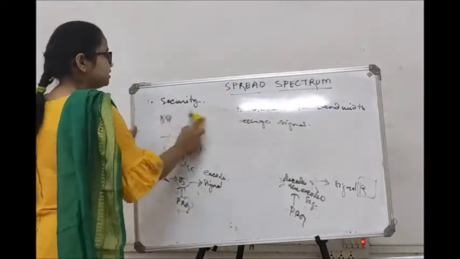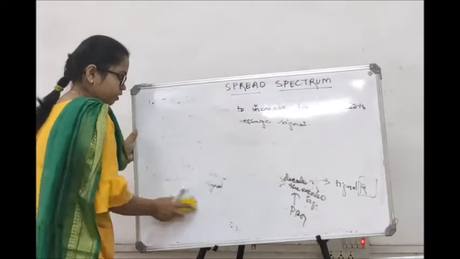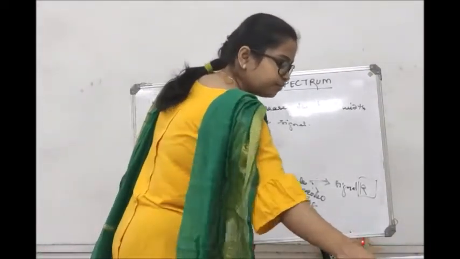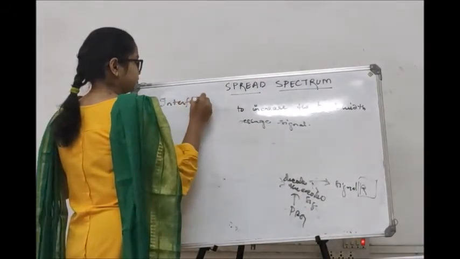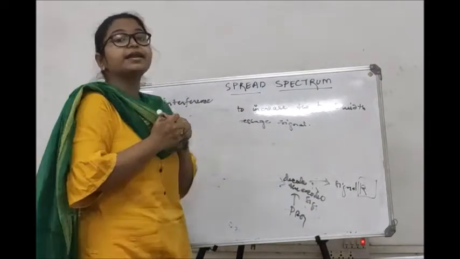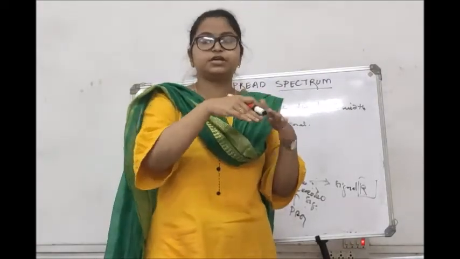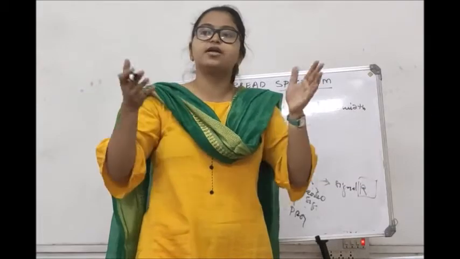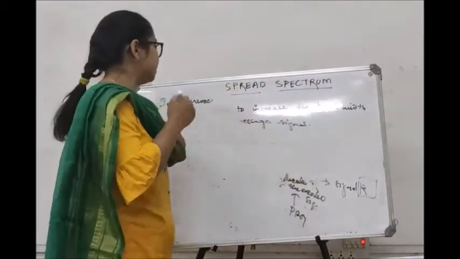Okay, now the second thing is interference. No one can interfere. There is no other signal interference because it is so random in nature that any other randomness wouldn't affect the original signal.